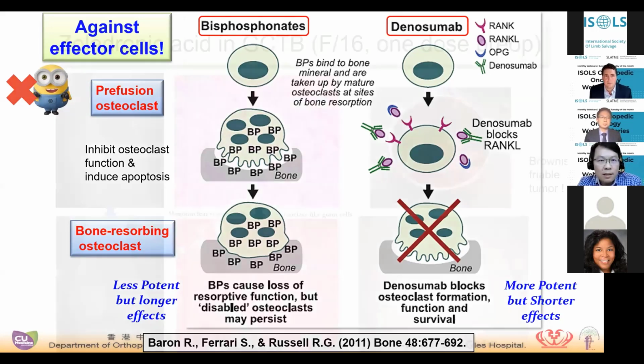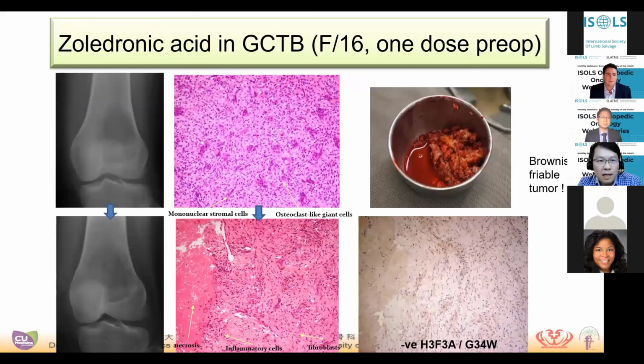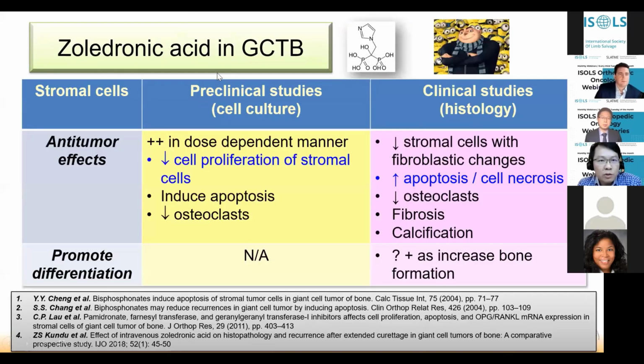For example, in this case of a young girl with a GCTB, with one dose of zoledronic acid you can appreciate a lot of necrosis in the fibroblastic tissue, and also negative H3F3A G34W protein staining. With the current evidence for zoledronic acid on GCTB in preclinical studies, you can show a dose-dependent effect on the anti-tumor side.